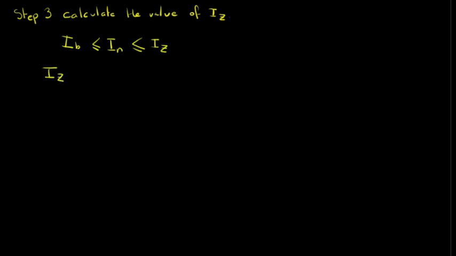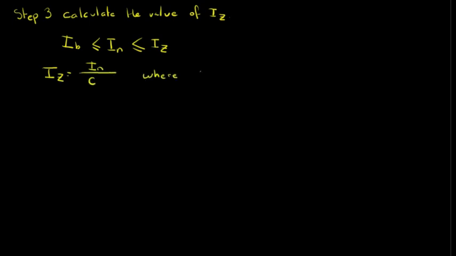Once you've calculated or chosen IN, next step is to calculate the value of IZ. So remember, that is the current carrying capacity required by the cable. Always go back to your rule, so IZ must be more than IN. So IZ is going to be equal to your IN divided by C.